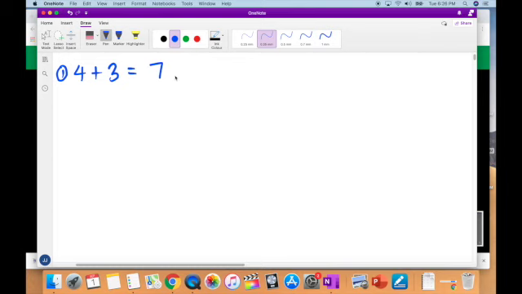You could do it on your fingers, yes. So what you're doing is proving it by counting, and so what I could do is have 4 cherries here, and 3 cherries here, and I could just count them and say, all right, I have 7 cherries. Another way I could prove it is via a number line, where I have 0, 1, 2, 3, 4, and I'm on 4 here.